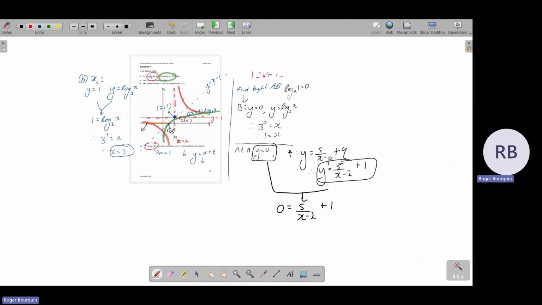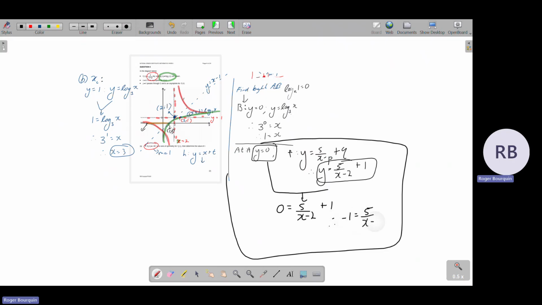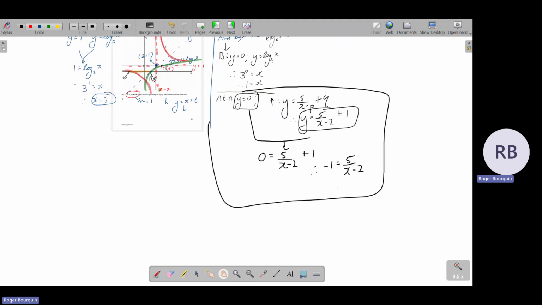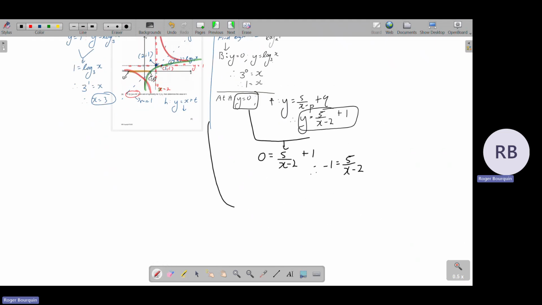Are we happy with that? This is all to do with point A. What's the easiest way to do this? First move the 1 across, so negative 1 is equal to 5 over x minus 2. Then multiply both sides by x minus 2, so negative 1 times x minus 2 is 5.